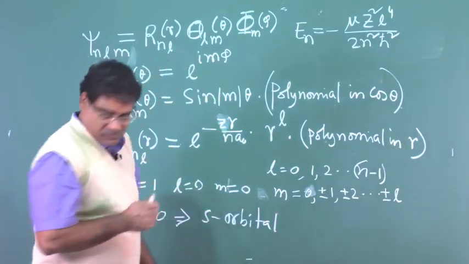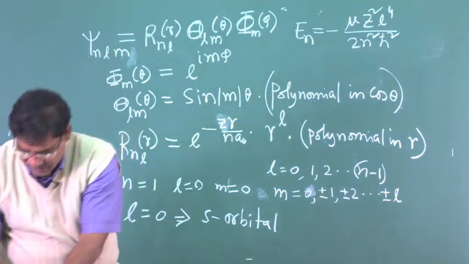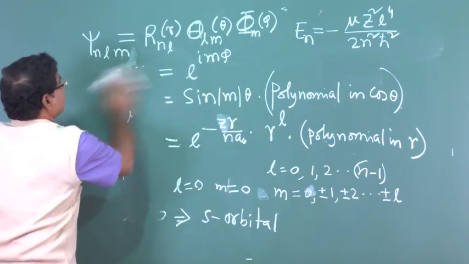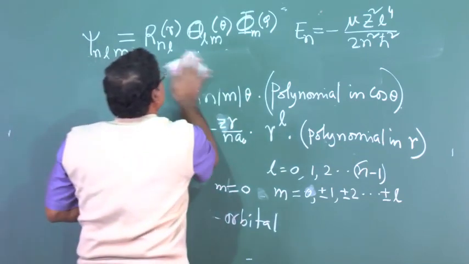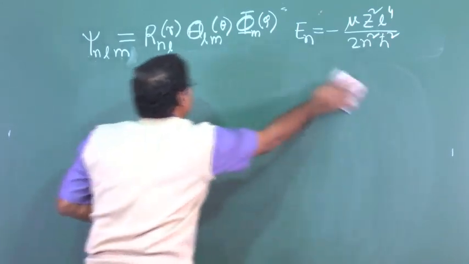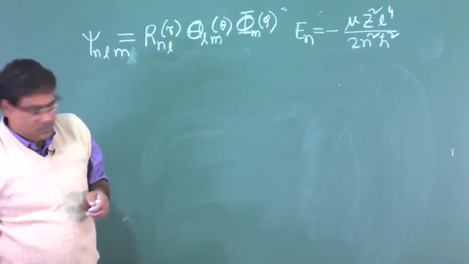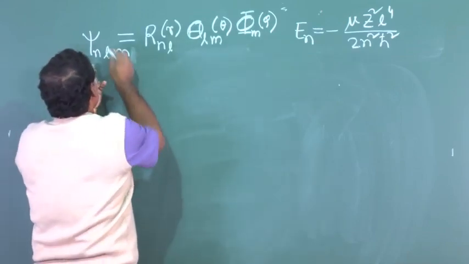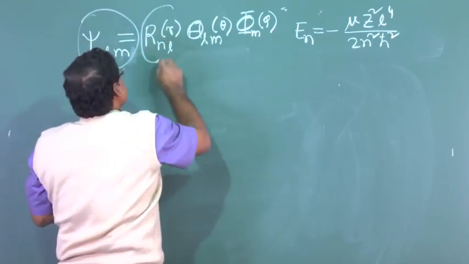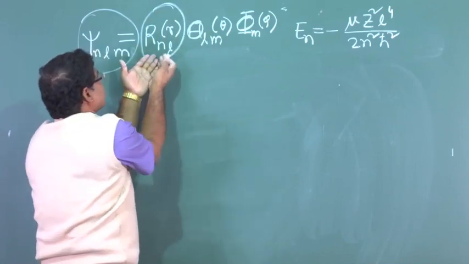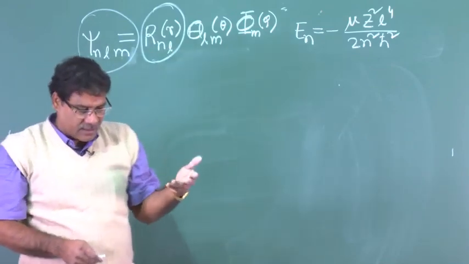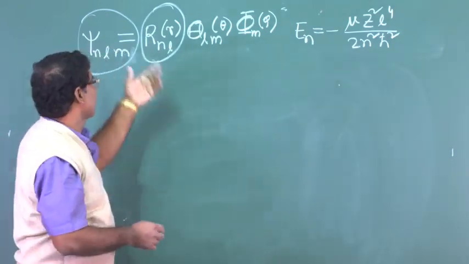So, instead of plotting this wave function as a whole, we will plot this R n L, which basically will tell the r dependence of the wave function.